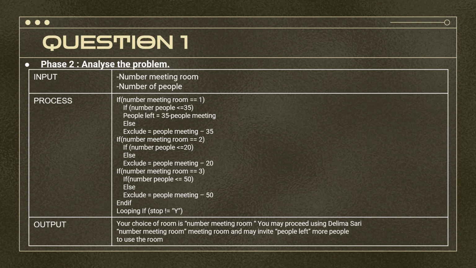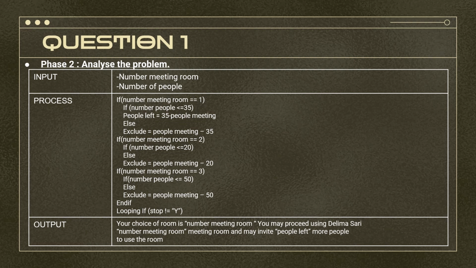If number meeting room is equal to 3, if number of people in meeting room 3 is less than 50, else exclude equals people meeting minus 50. For stop the looping, it must not equal Y. If the looping is equal to Y, it will continue until we choose to stop it.